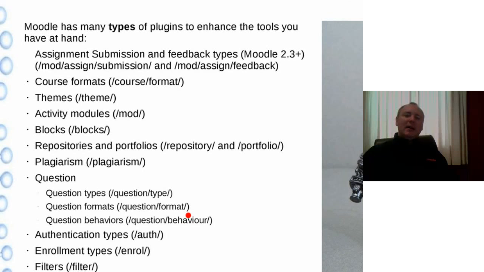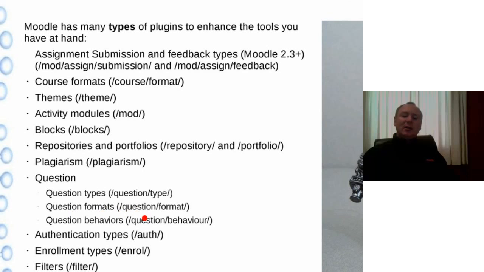But there's a neat one that OU has contributed where you can have them drag a word onto an image. So if you wanted them to identify, say, different countries on a map of the world, they could do that. And so if you want to expand the types of questions or the way that you're asking questions in a quiz, question types would be the area that you would want to look at.